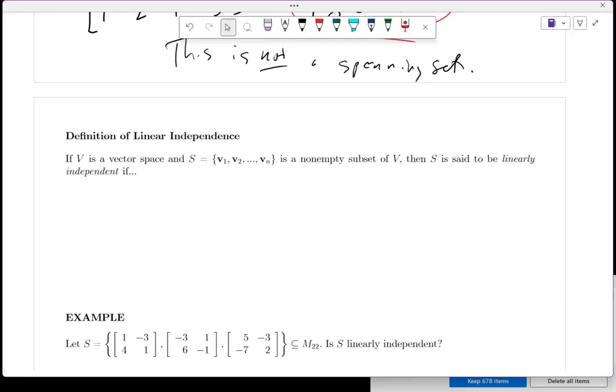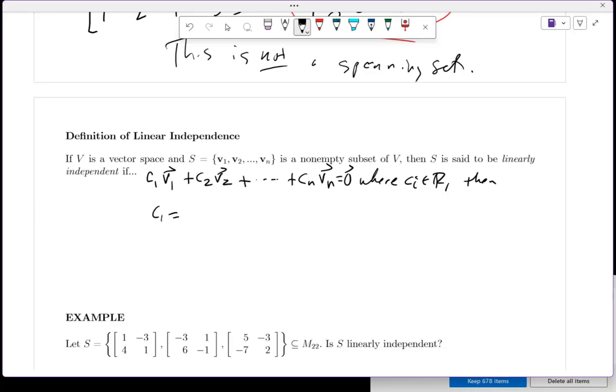An equivalent way to say something is linearly independent is that if I can write the zero vector as a linear combination, this needs to be equal to 0, then all of my constants must have been 0 to begin with.